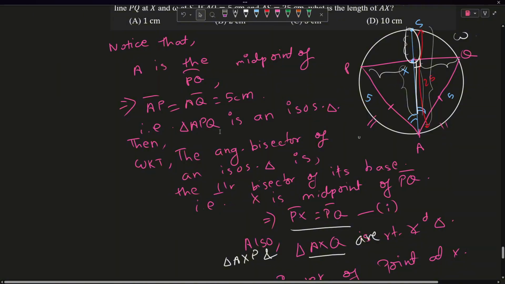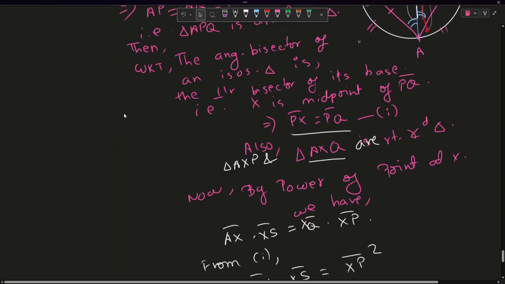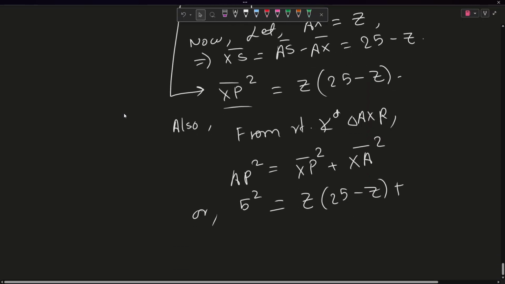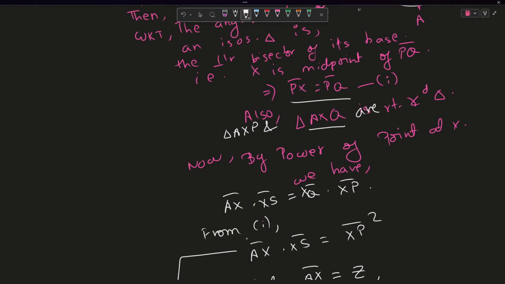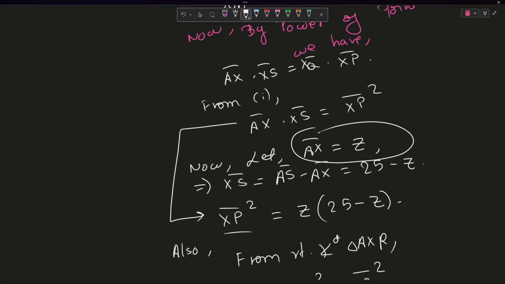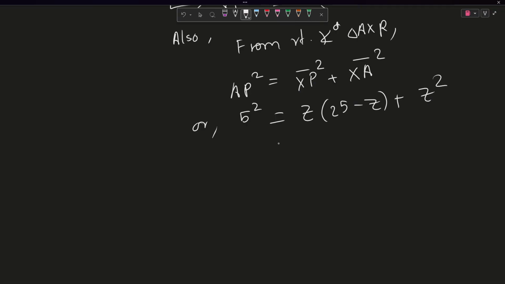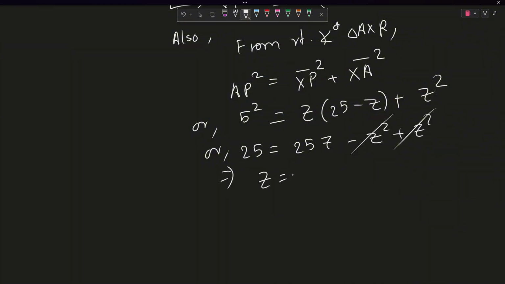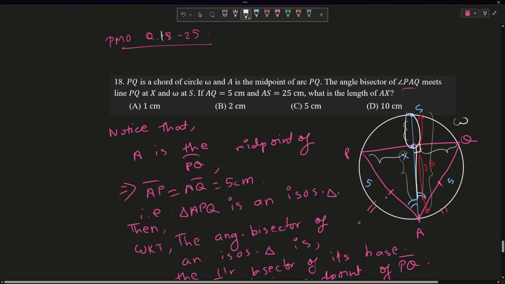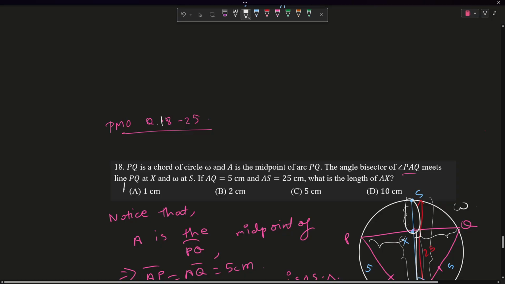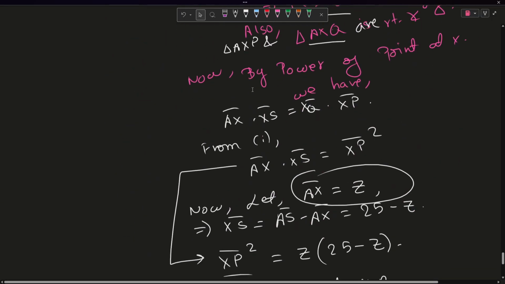XA is just Z, so plus Z square. So 25 is equal to 25Z minus Z square plus Z square, which implies Z is equal to 25 by 25, which is 1. Therefore, XA is equal to Z, which is just 1 centimeter.